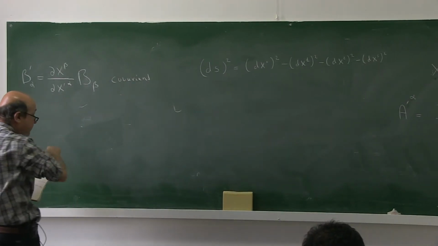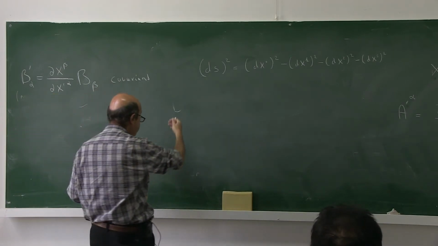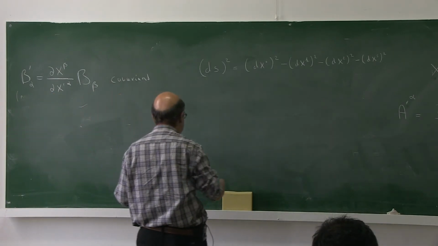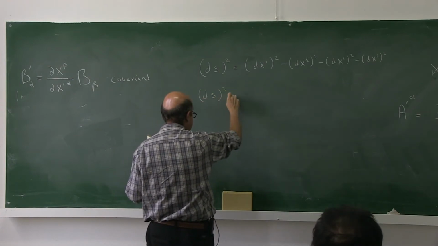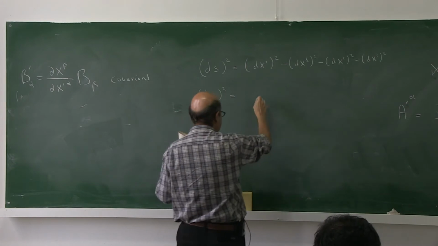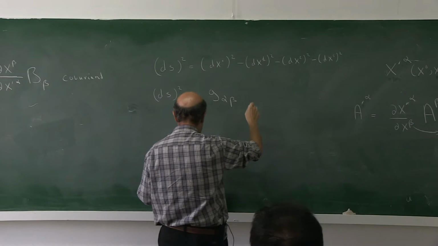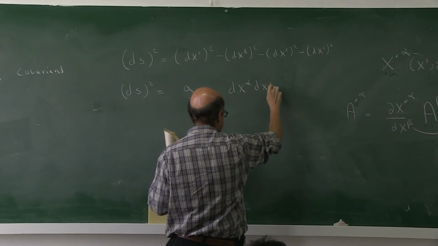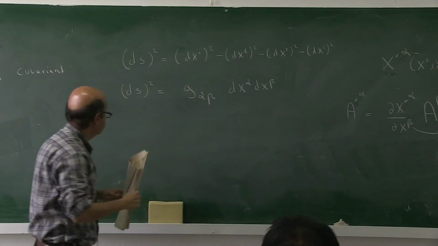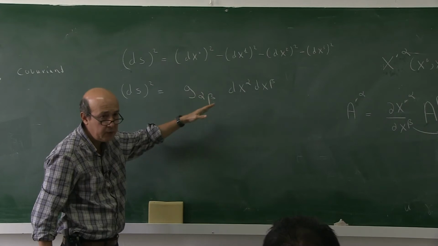So we can write this using a different tool. We can introduce a tensor g alpha beta, and let's say dx alpha dx beta, and try to find the above. Can we do it? Yes, we can.